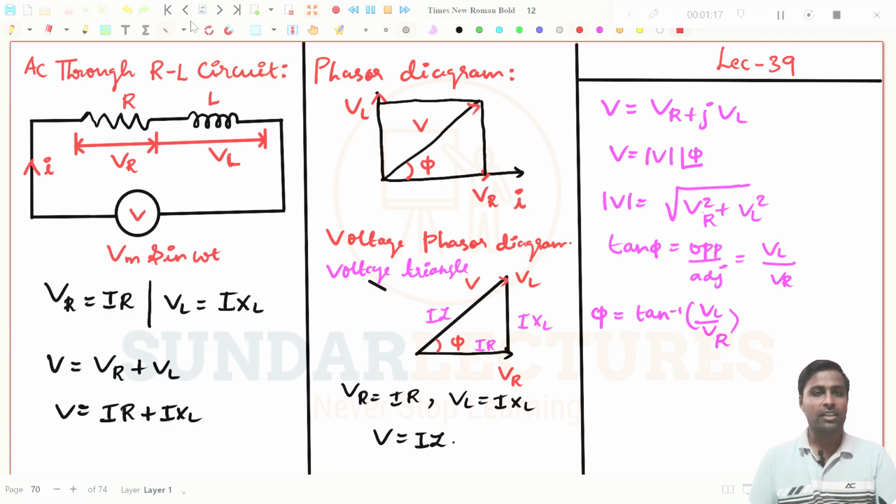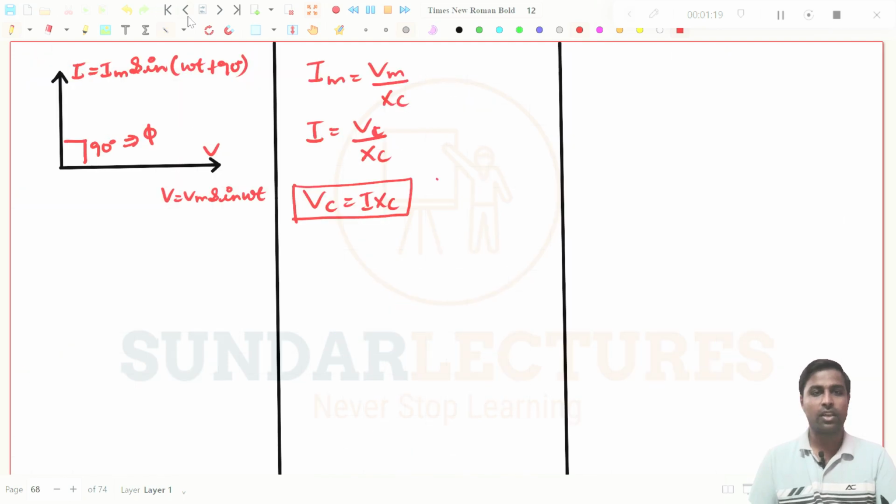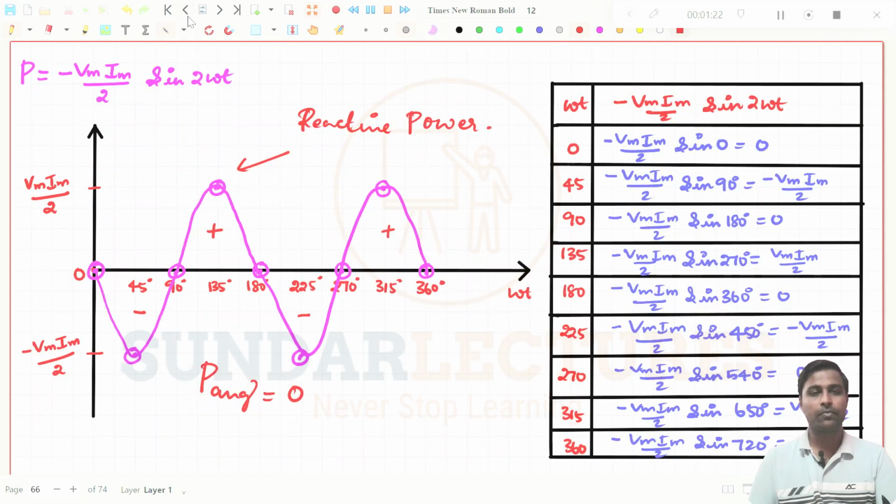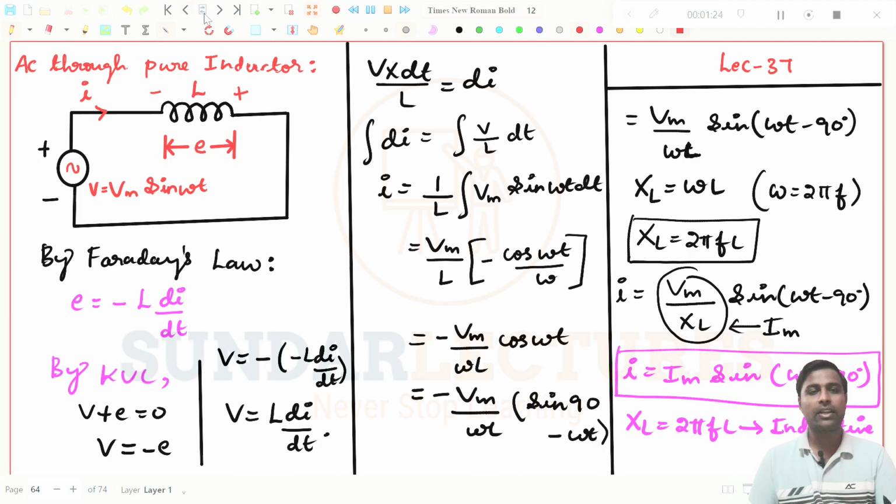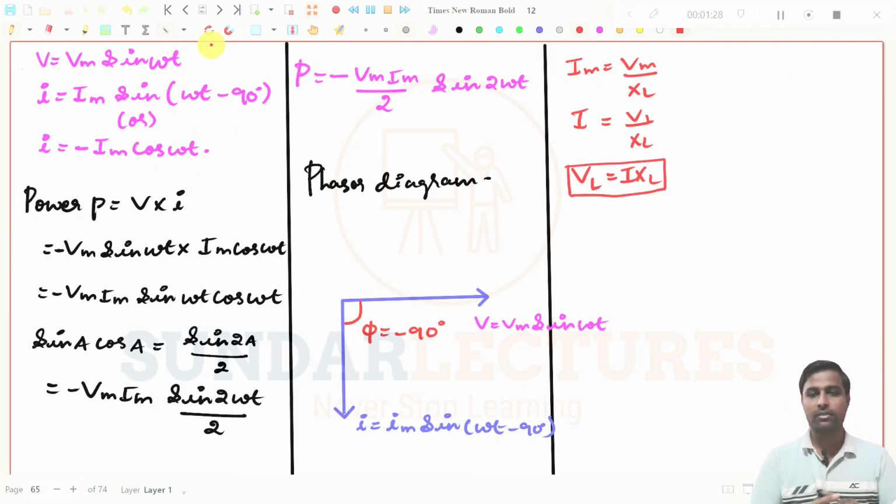Now let us see this. We go to the pure inductive circuit. In its formulas, the current I is equal to V by XL. And at this point, the resistance R is equal to 0.